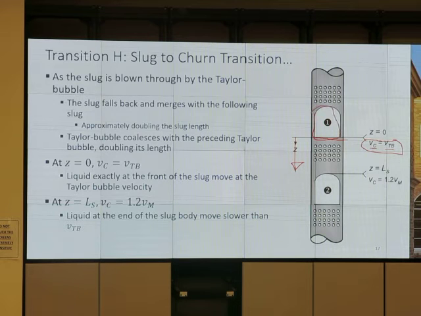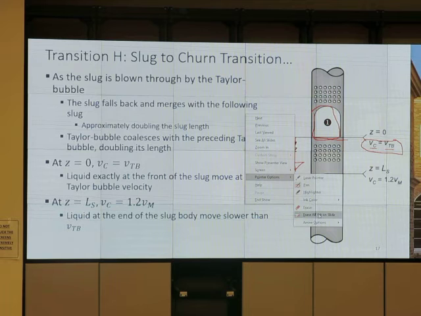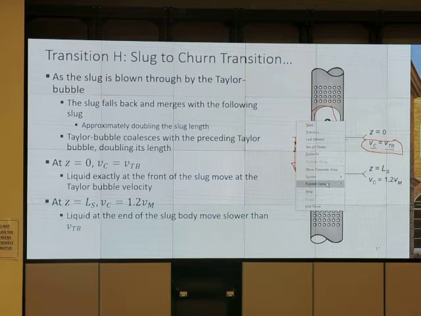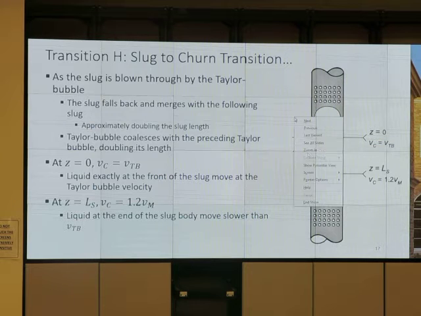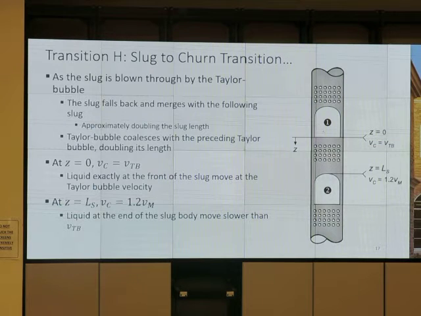The bubble moves at the speed of VTB, right? So at that part, the center line velocity is equal to VTB.